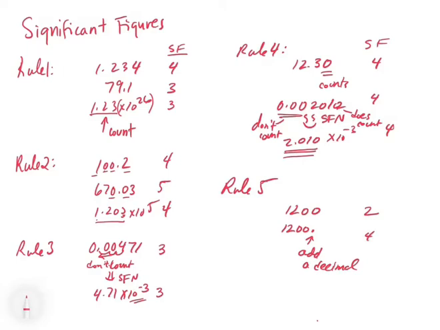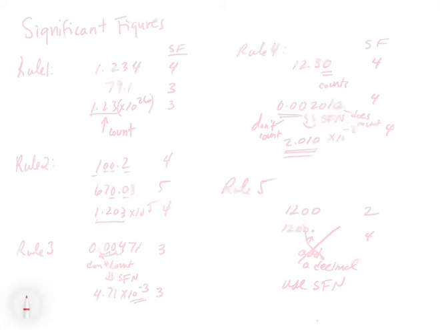So it goes from 2 significant figures to 4 significant figures. But my recommendation is not to do this. My recommendation is to use scientific notation, and then there's no possibility for ambiguity. If you write it in scientific notation with the correct number of significant figures, that's going to get you the best result. So let's look at the rules for how we start to use these in functions.